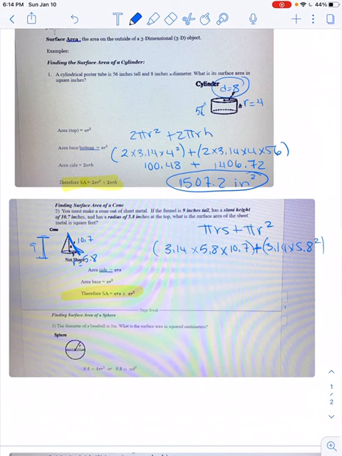So if we do 3.14 times 5.8 times 10.7, that gives us 194.87. Plus 3.14 times 5.8 times 5.8, that's going to give us 105.63. The last step would be to add them both, and the surface area for this cone would be 300.5 inches square.